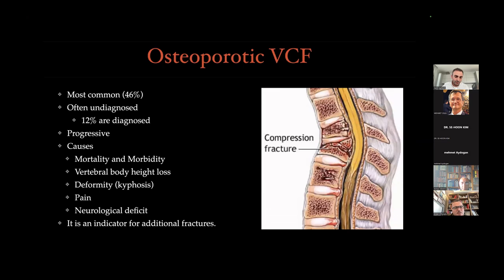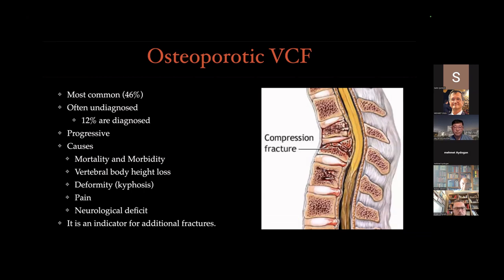Osteoporotic vertebral fractures are the most common vertebral compression fractures. They are often undiagnosed; only 12% of patients are diagnosed. It's progressive, and it causes mortality and morbidity because the patients are elderly and have some systemic disease.